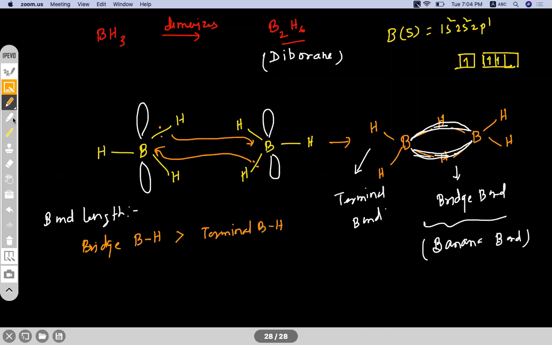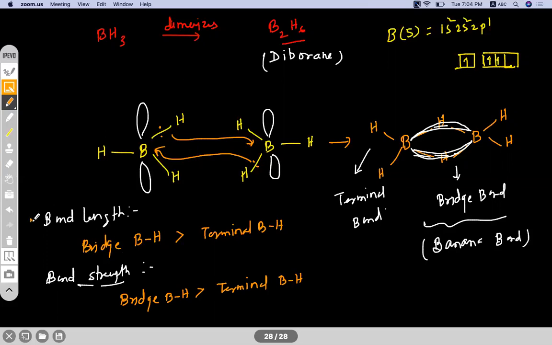If you talk about bond strength, usually bond length and bond strength are opposite. But here the bond strength is still more for the bridge bond, even though its length is more than the terminal BH. So there's no mistake here.